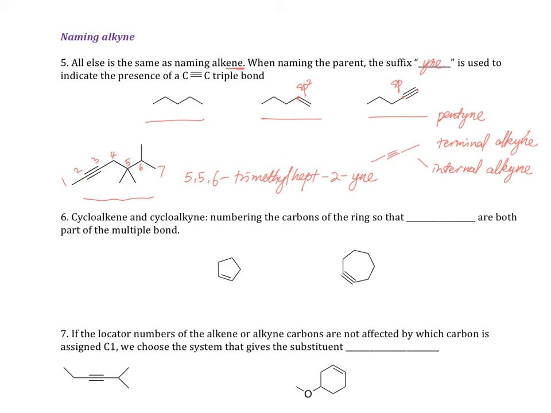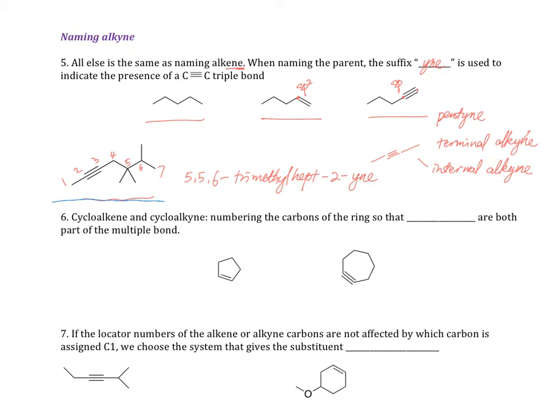All right, now we're gonna look at both alkene and alkynes together. So for cycloalkenes and alkynes, how should we name them? We want to assign numbers to the carbons that bear the multiple bond 1 and 2.